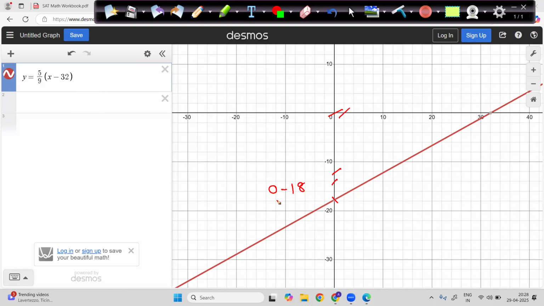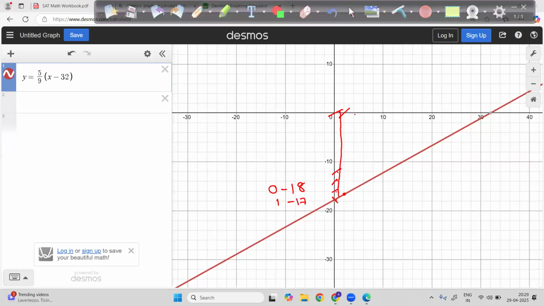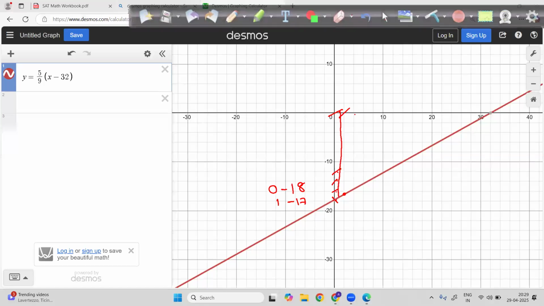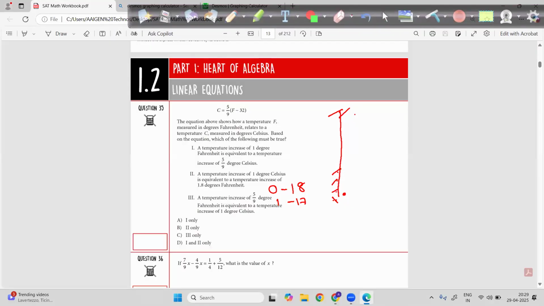When you're increasing x by 1, x is your Fahrenheit, what happens to y? It goes 12, 14, 16, 18. So 1 means only this. So 18 is becoming approximately around 17. It is not that easy to identify using the graph, but still you can make it out. 5/9 is approximately 0.5.